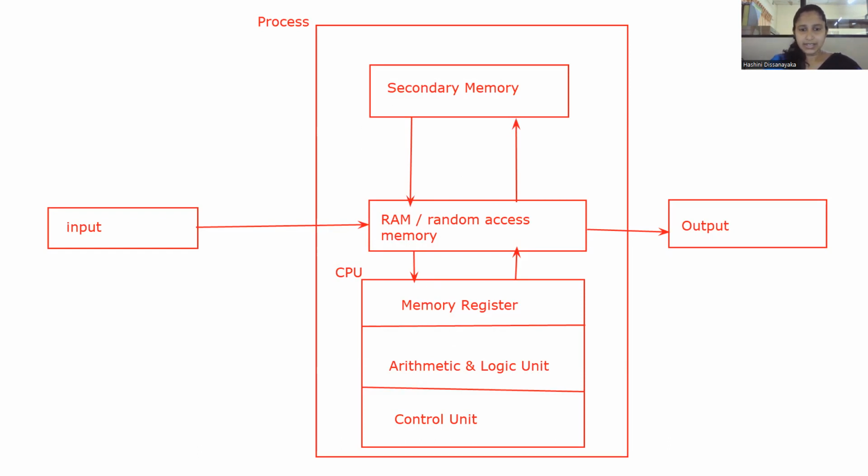Then there is another part called the control unit. Control unit is for controlling purposes. All the input devices and output devices connected to the machine are going to be controlled by the control unit in the CPU.